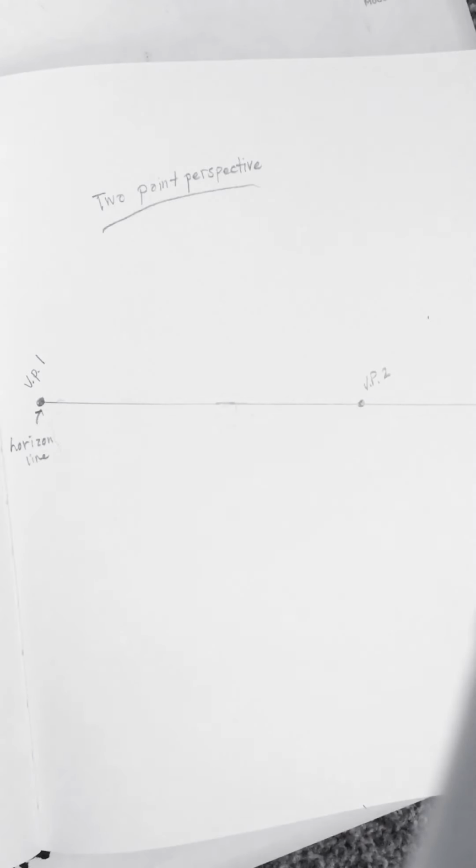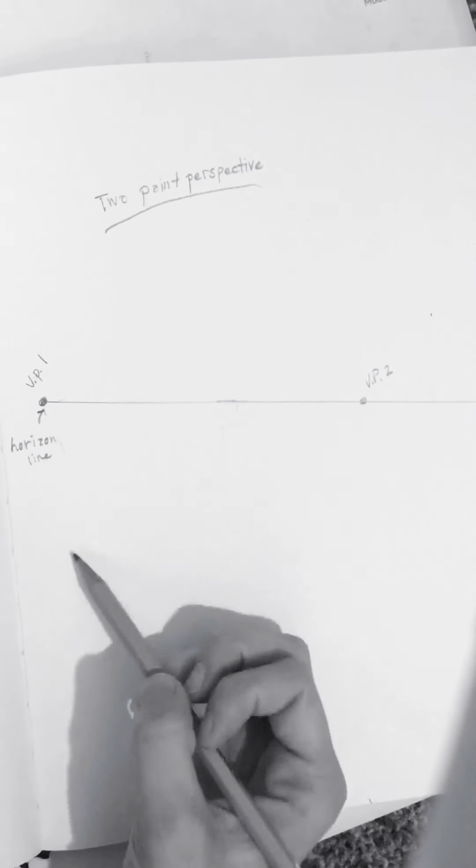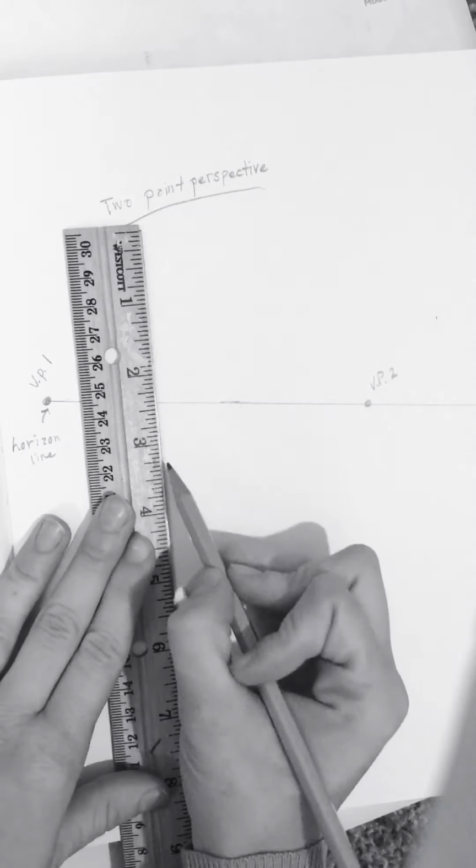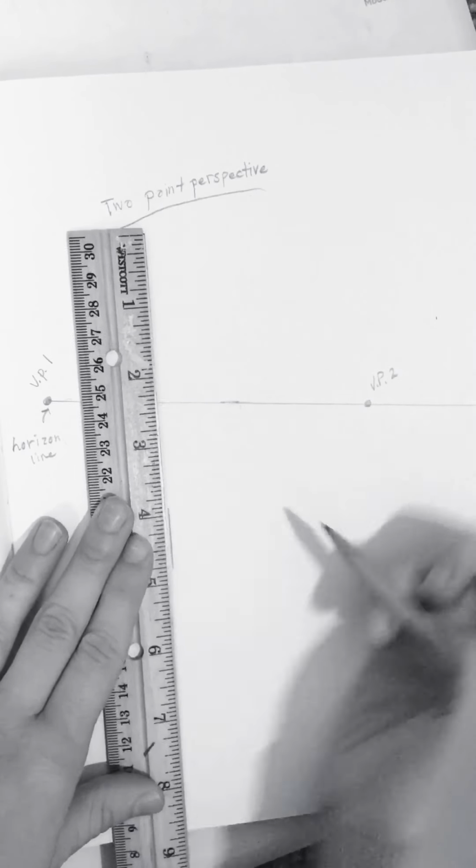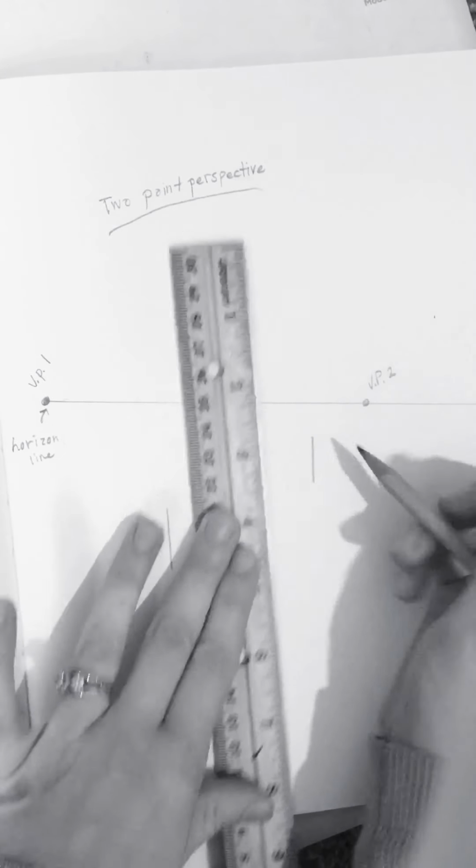Now when we did one-point perspective, you started with a basic shape being drawn. This time though, you will not start that way. I'm going to draw lines all over my paper.